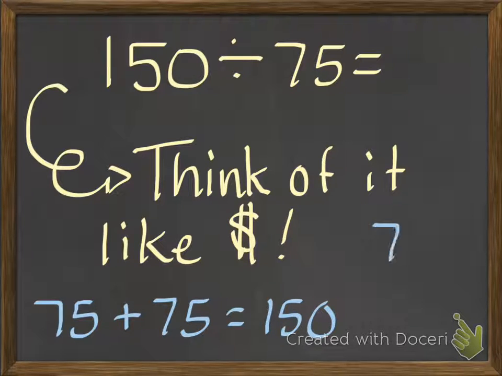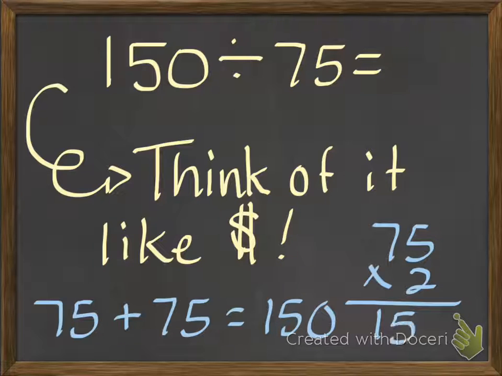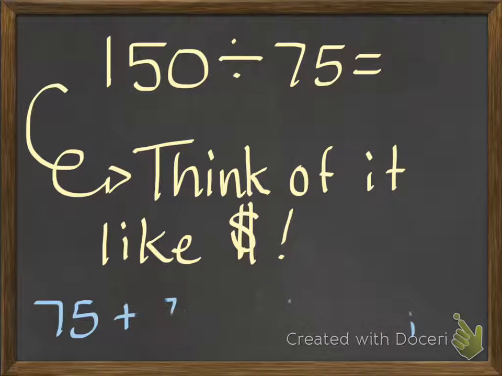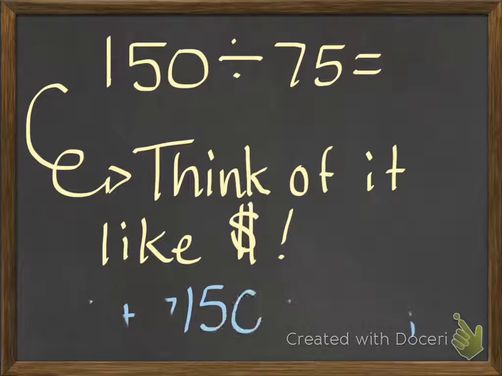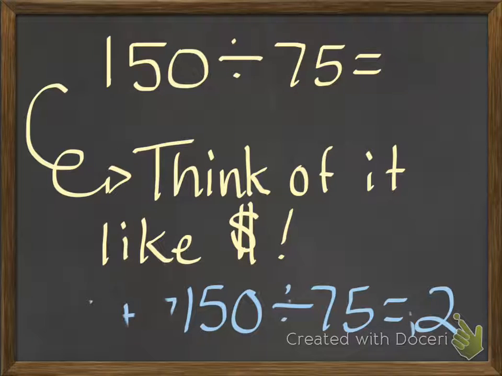That means that 75 times 2 equals $1.50. 75 cents plus 75 cents is $1.50. 75 cents times 2 is $1.50. And then, of course, that means that if I had $1.50 and I divided it by 75, that's going to equal 2. All right? So that's just another way that I thought of it.